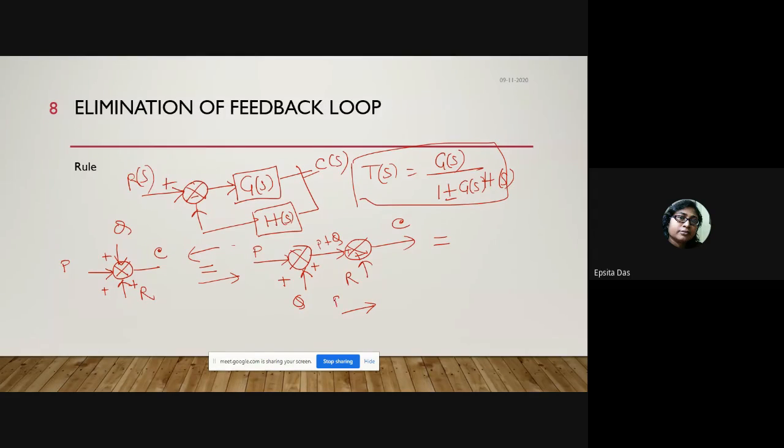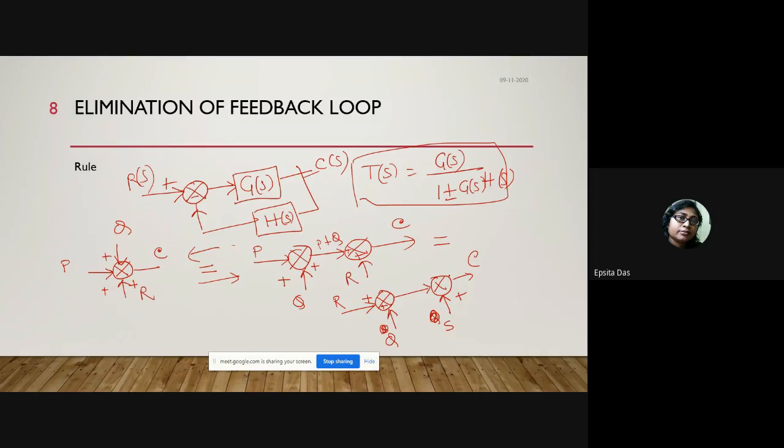Suppose I have an R coming here, and I have an S here, and I have a Q here, and this is C. Now, if you want, you can change these positions. That means you can change the Q here, and you can write the S also here. Understood? In this way, the summing points can be interchanged. Any two summing points may be interchanged if it is required for the sake of simplification.